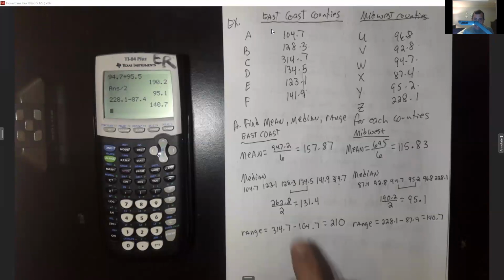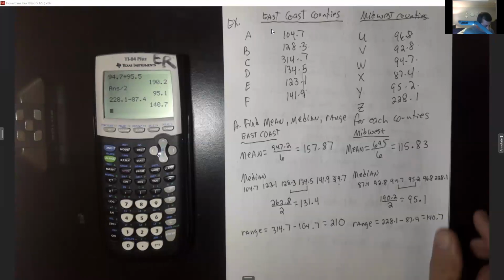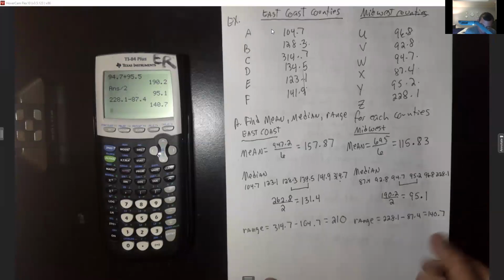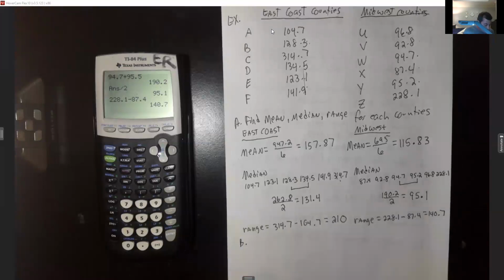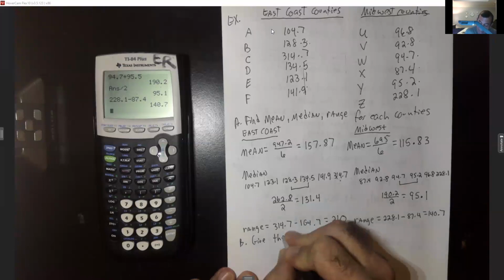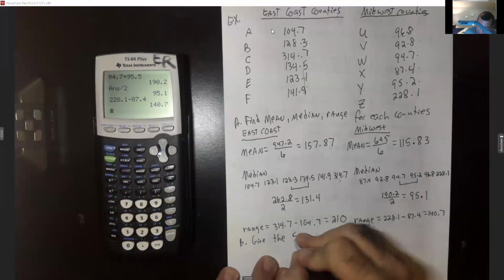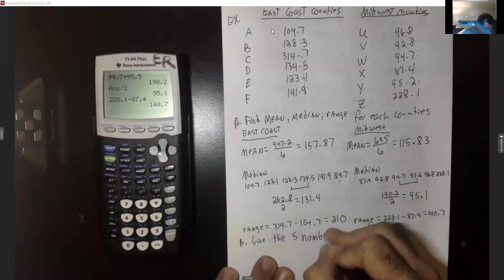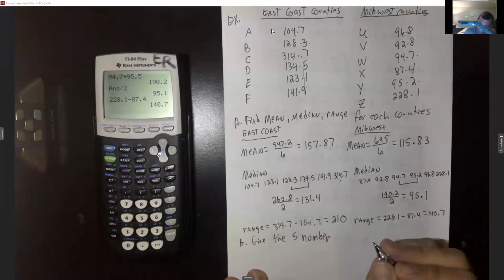Now we want to keep this data handy for part B here. Part B wants me to give the 5-finger summary for each. So give the 5 number summary for each.